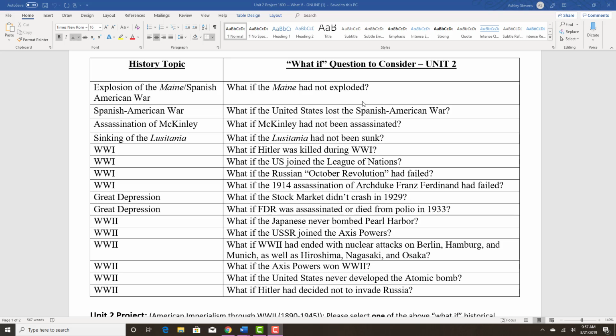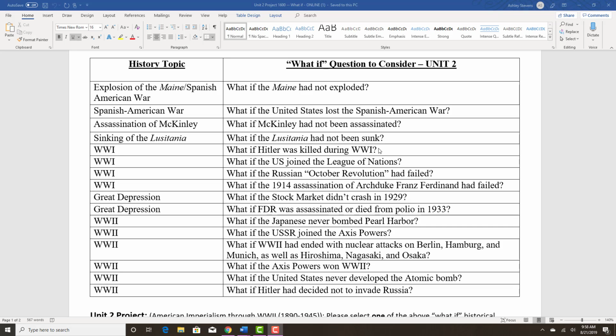So let's say one of the more common ones that people pick is, what if Hitler had died during World War I? This one is very popular, but you also have to be careful. If you pick something like this, you don't want to pick a really broad topic. You don't want to be trying to talk about the Holocaust and the future of the world, the fate of the world, all in one essay, because that gets to be too much.